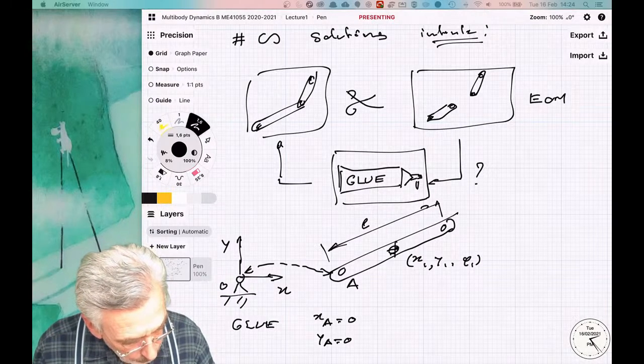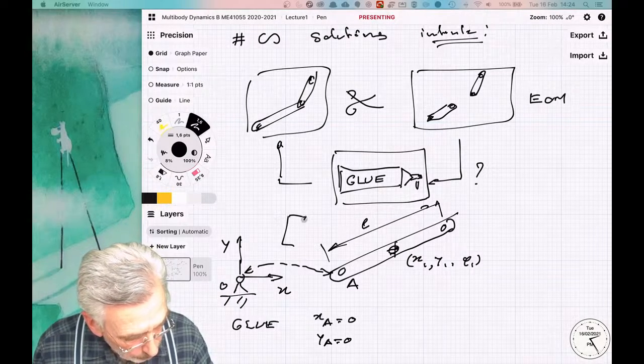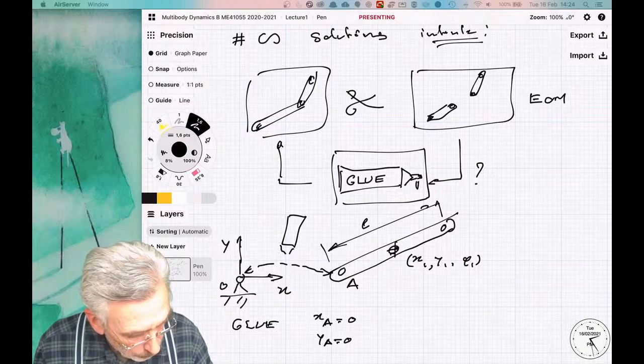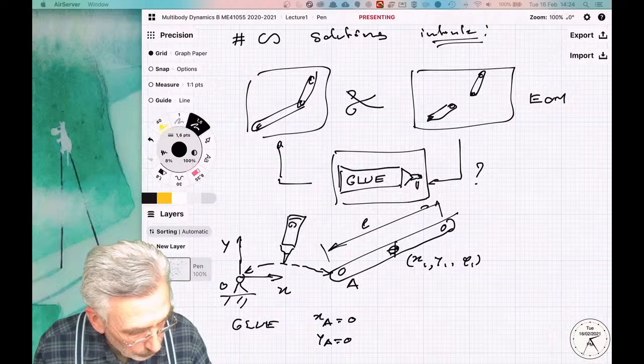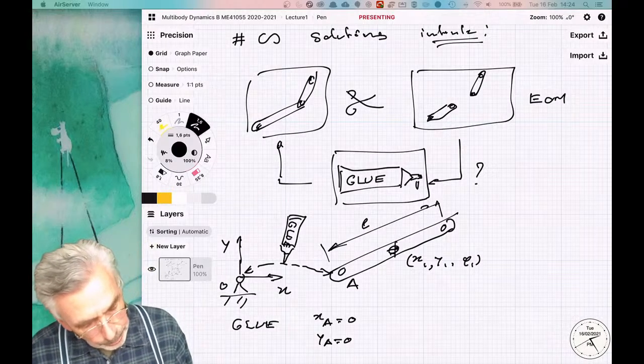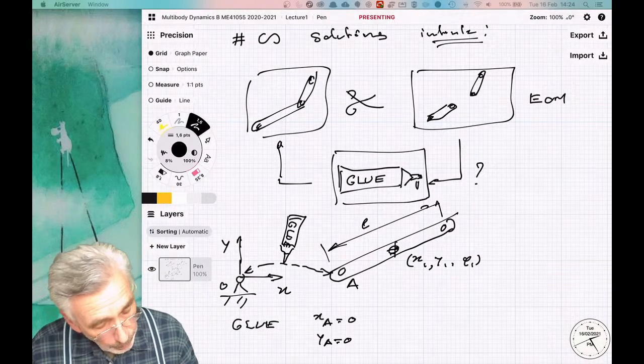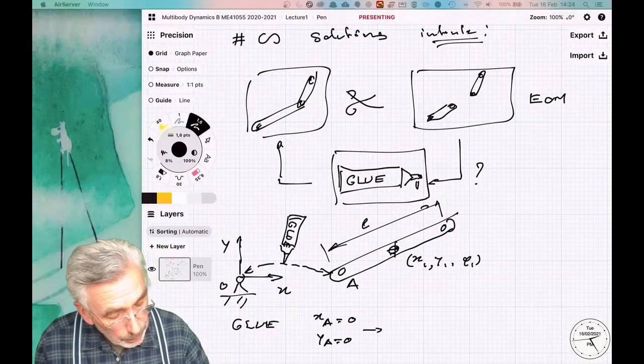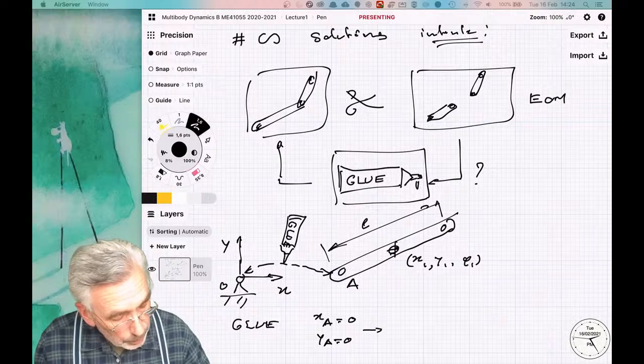Let me draw the glue here. I sort of like drawing glue. Okay, so this is the glue. Or in the mathematical sense, what is the glue? Well, we can calculate this position given this position, right?